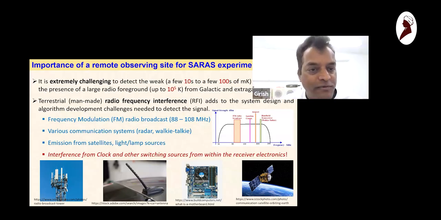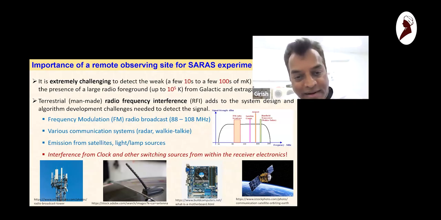Some of the typical sources of interference: because we are operating in a frequency range of 40 to 200 megahertz, FM sits right in the middle of the band. For example, Bangalore has some 7 or 8 FM stations and very strong. So it will saturate the receiver system and we will not be able to observe. Other sources of interference are various communication, airport radar, walkie-talkie, police communication, emissions from satellite.